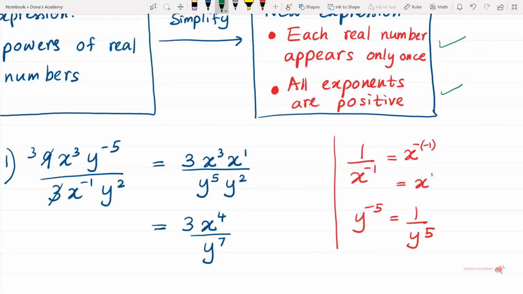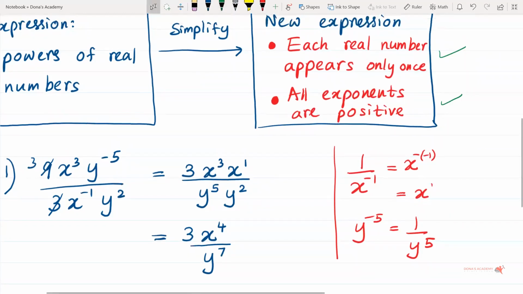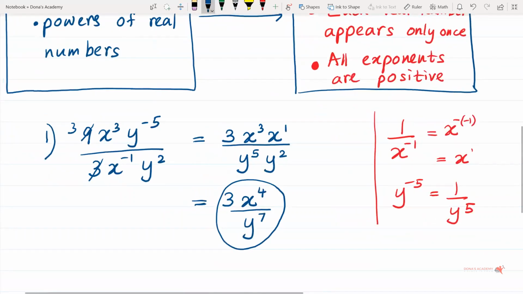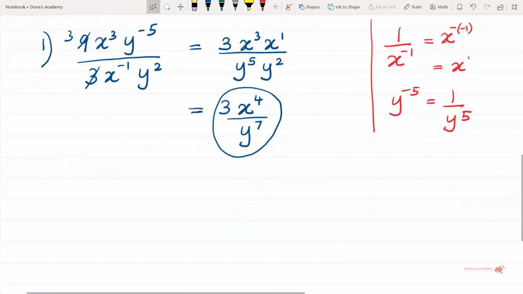So this expression satisfies both of these conditions. That means it has been simplified. So we can stop the process. So this is our answer. This is the simplified version. All right. Let me explain another example.